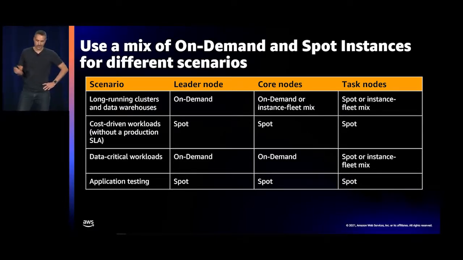You can use, for example, the instance fleet configuration of EMR, which allows you to select some Spot instances and try to minimize the cost of your workload. But in case you have some constraint or unavailability of Spot instances, it can fall back to on-demand. So you still ensure that you provide the resources to process your job and you can meet your SLA.